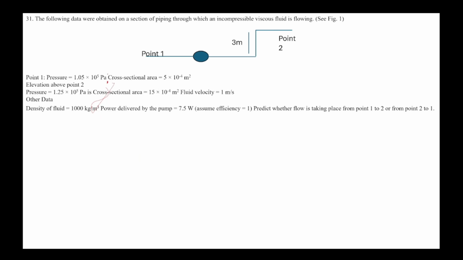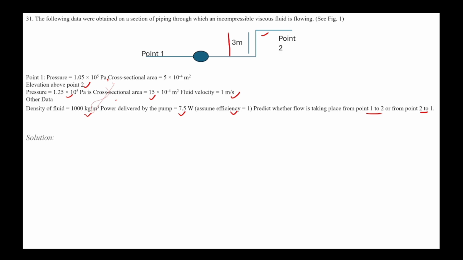Point 2: elevation, pressure is this, cross-sectional area is this, fluid velocity is this, given here, after the pump. Other data: density, power delivered by the pump, efficiency, flow from 1 to 2 or 2 to 1, and this height is 3 meters.